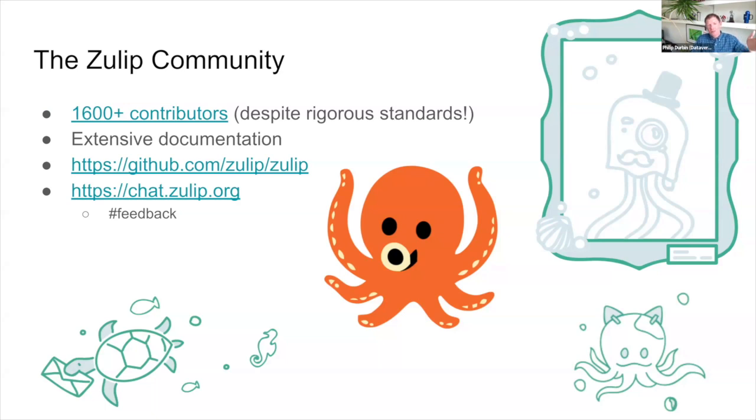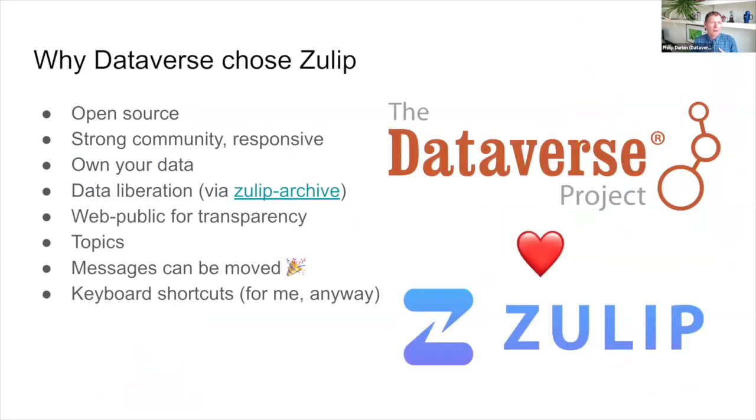And then here are just a few links. They're on GitHub under Zulip, and they have their own chat instance that I've shown a few screenshots from. I like the feedback channel because it's a nice generic one. I feel like I can ask anything in feedback, but there are other channels about the mobile app or the front end or whatever.